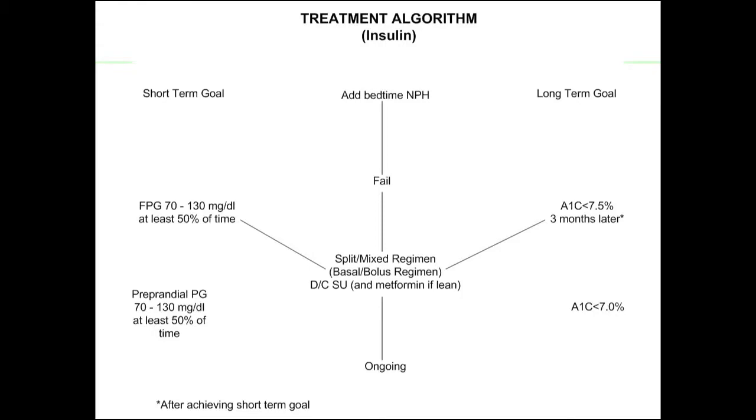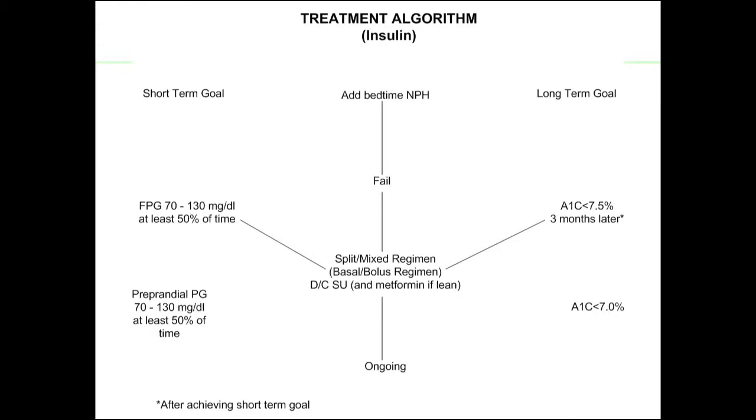So we try to keep them controlled with bedtime insulin. I should have mentioned that we don't start insulin unless the A1C is 7.5% or greater.